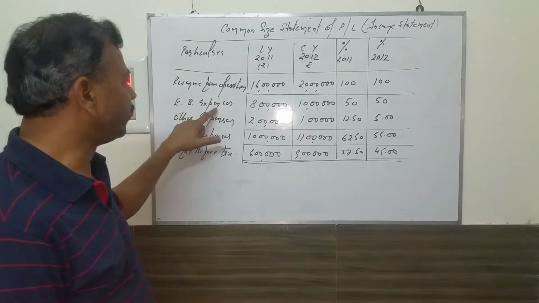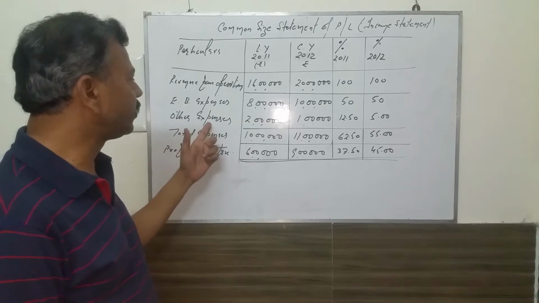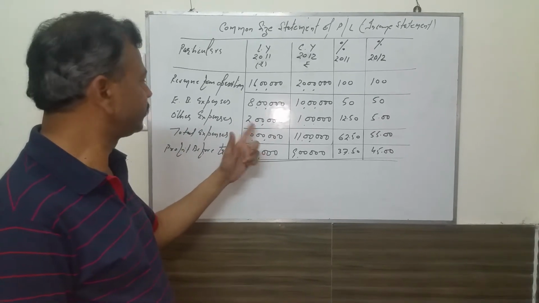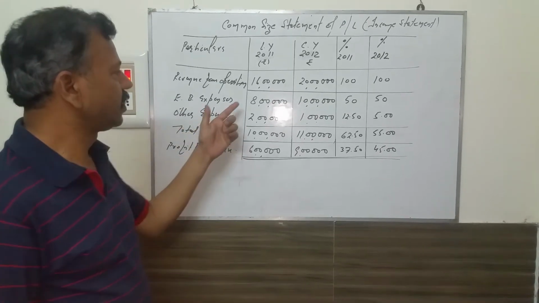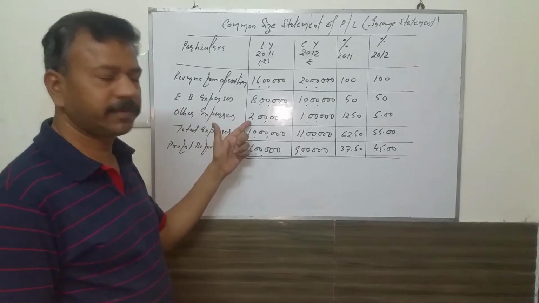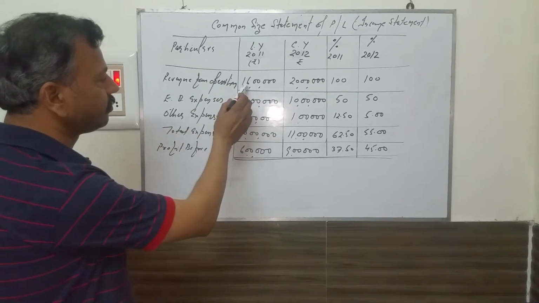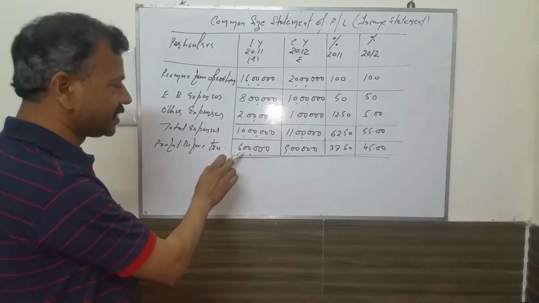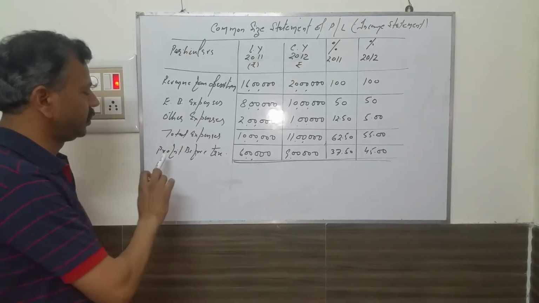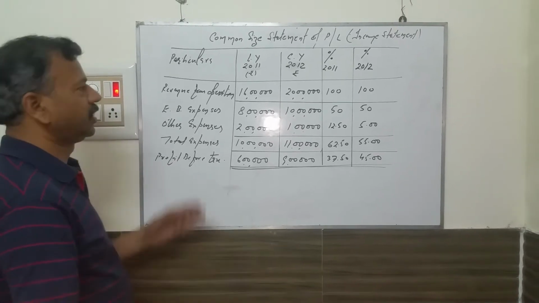Employee benefit expense 8 lakh, other expenses 2 lakh, then total expense 8 lakh plus 2 lakh is 10 lakh. 16 lakh minus 10 is equal to 6 lakh. You know that it will be profit before tax.